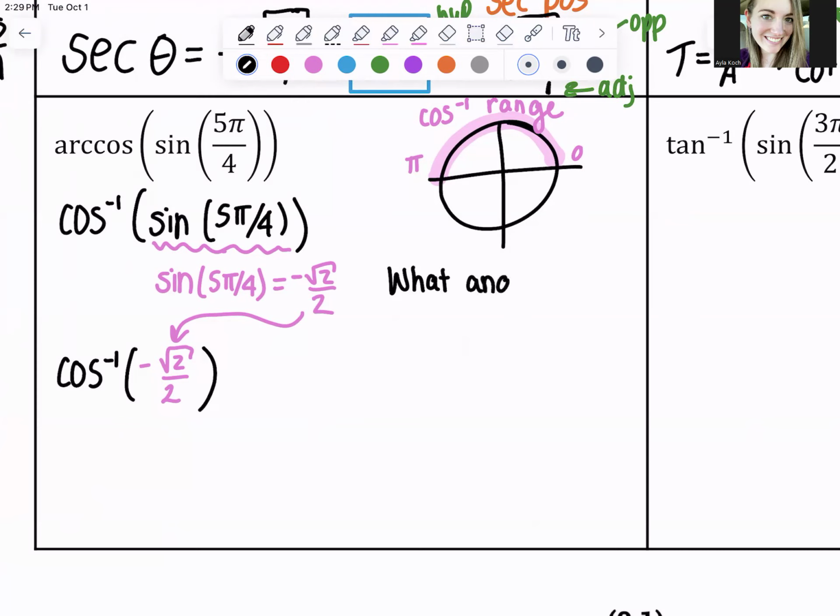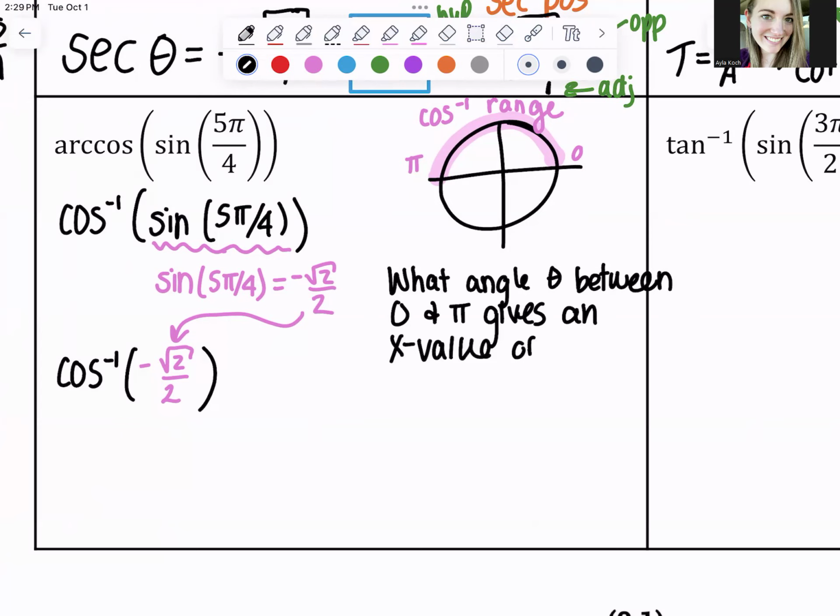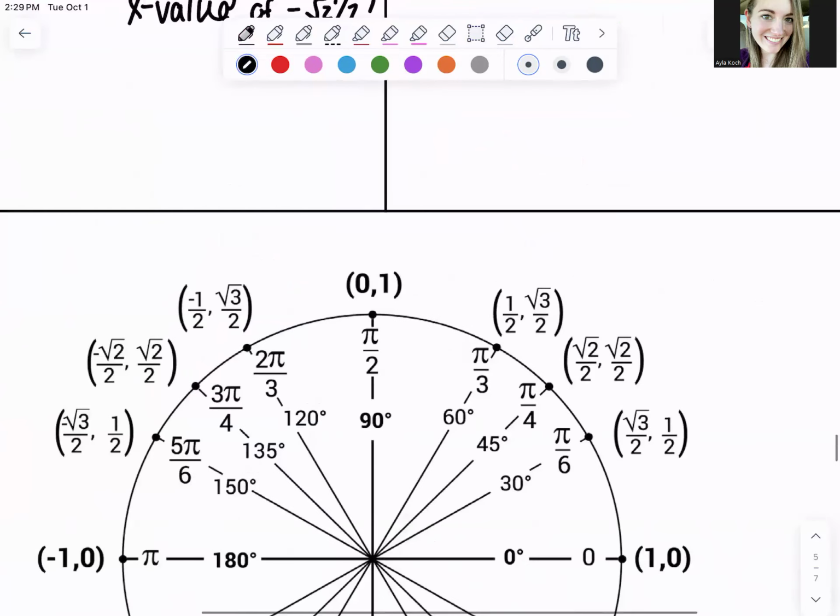What angle theta between 0 and pi gives an x value of negative square root 2 over 2, right? You're looking at these guys. Where's the x value? Negative square root 2 over 2.